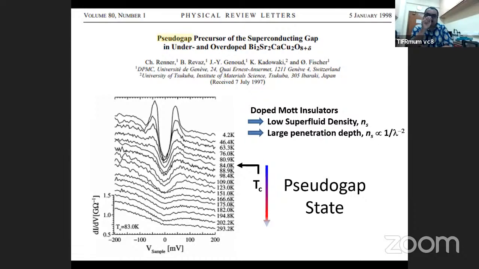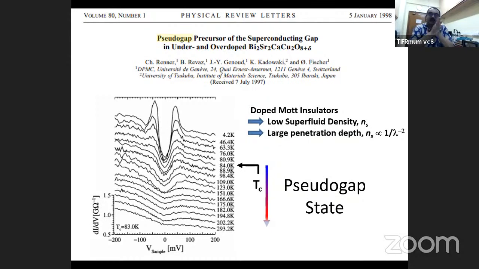Now, since I am doping holes here, starting from something that was an insulator, the superfluid density is quite low for two reasons.